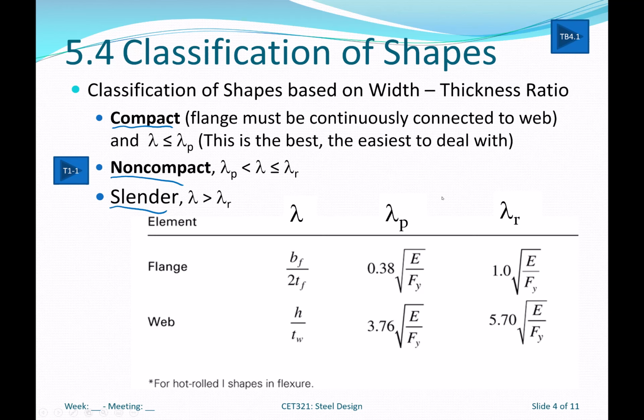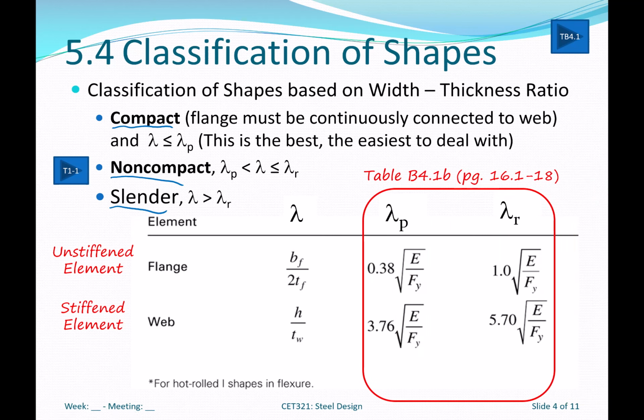Okay, so then we look at this: flanges are unstiffened, and webs are stiffened elements. Again, you can review the video provided by AISC. So flanges are unstiffened elements, webs are stiffened elements. And this information comes from the AISC specification Table B4.1b.